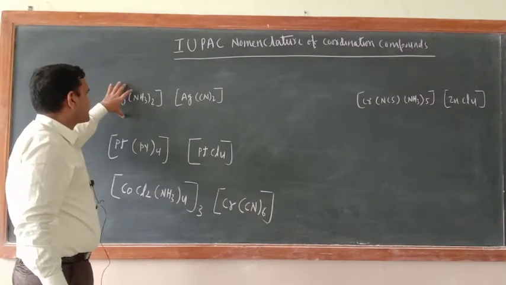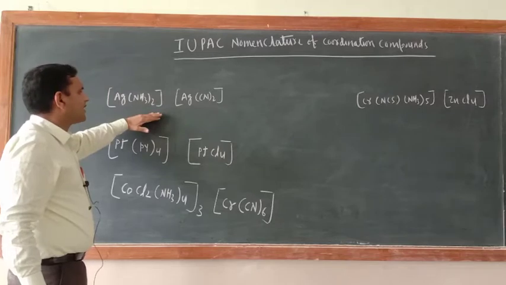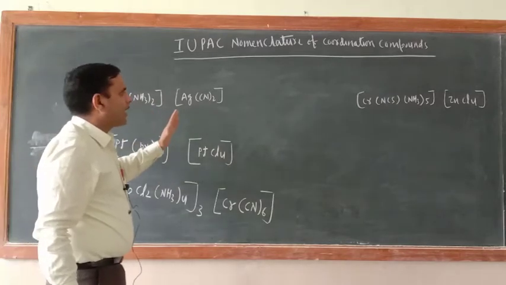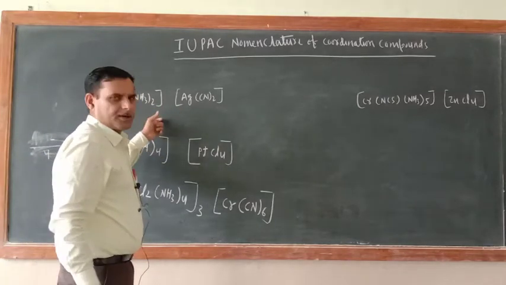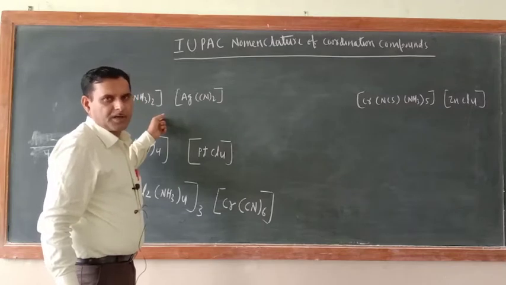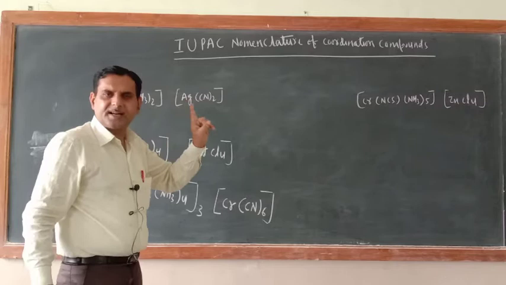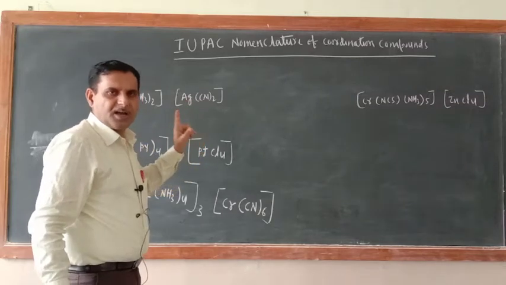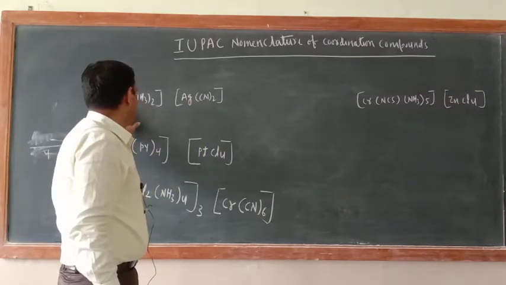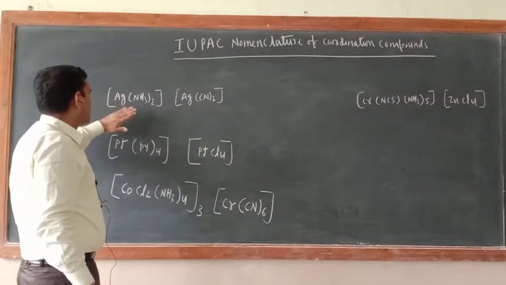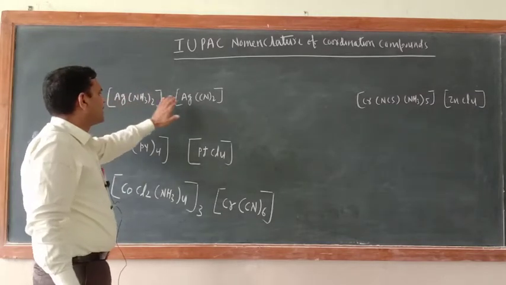If such types of compounds are there, they are known as double nuclear coordination compounds. Mononuclear means where only one central metal atom or ion is there. Here, in this coordination compound, one central metal atom is there, and here another one.